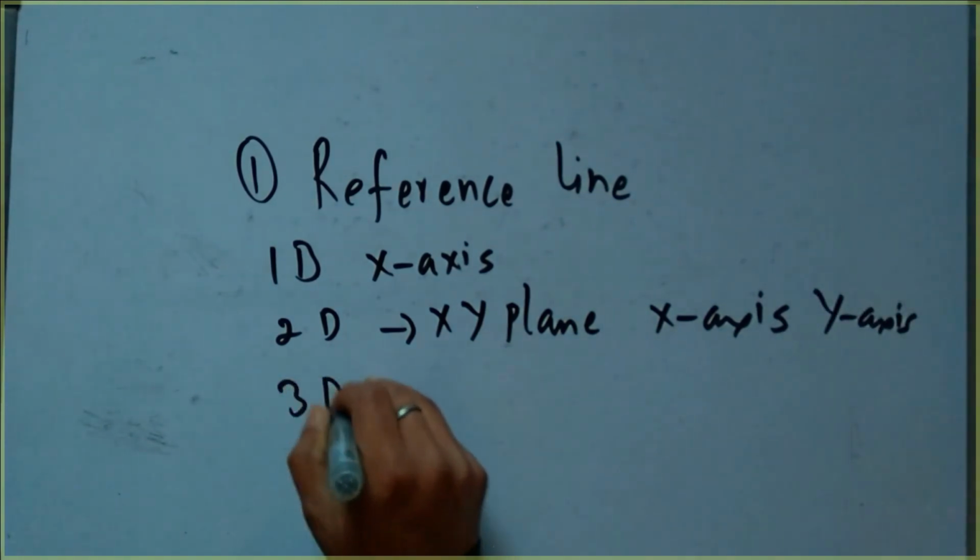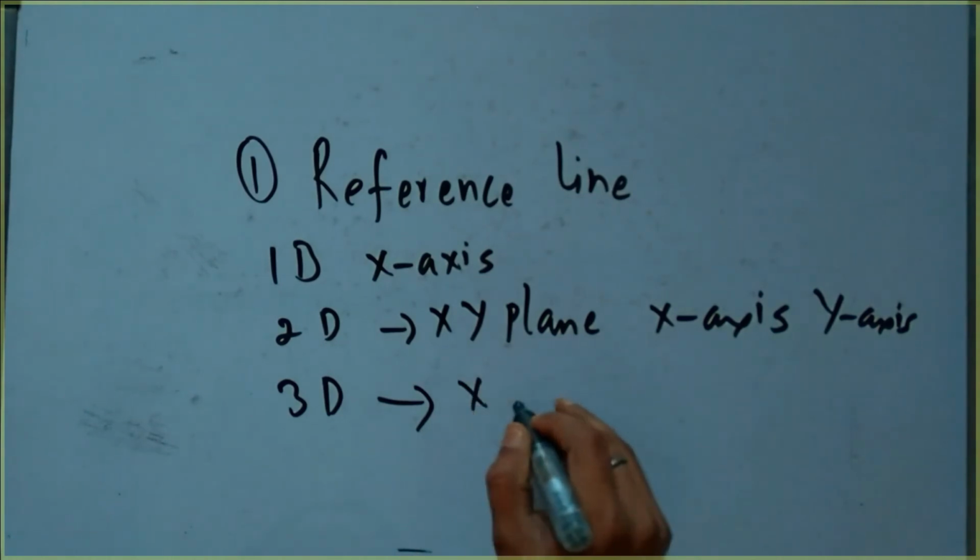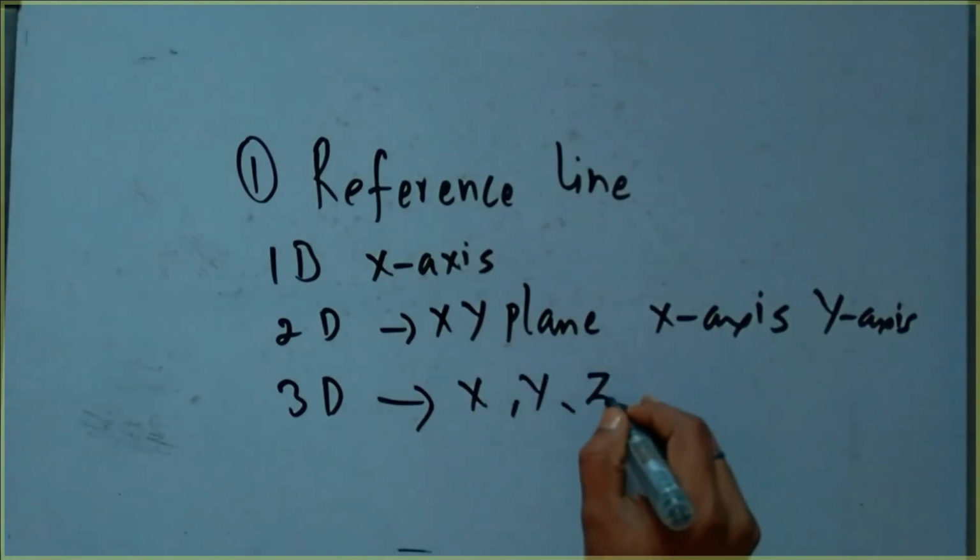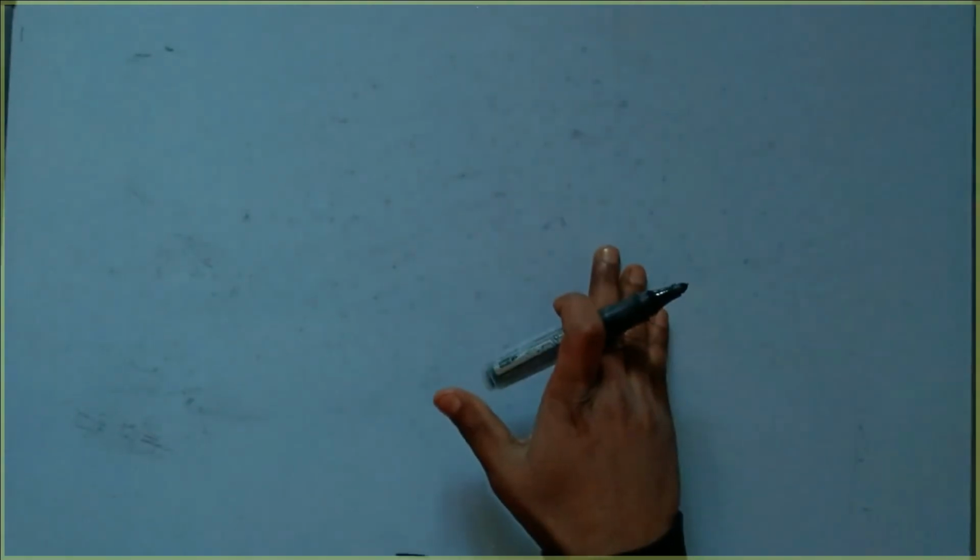In three-dimensional plane we have x, y and z-axis. So this is a two-dimensional plane. So any vectors drawn on this plane are coplanar vectors.